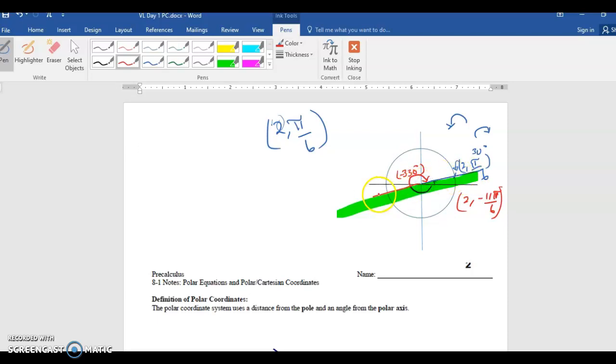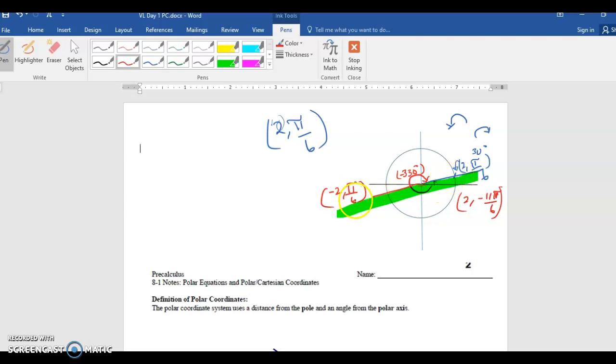So on the other side, we are going away from the terminal side, so this particular point becomes negative 2, pi over 6. It's the negative radius, meaning you're going on the other side, but the angle remains the same, pi over 6.